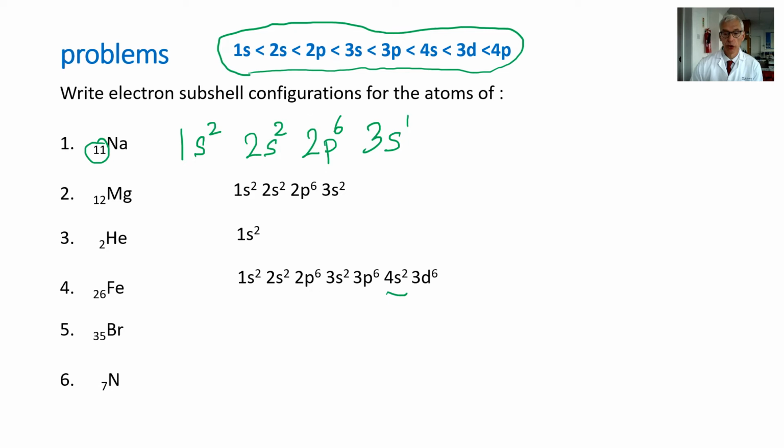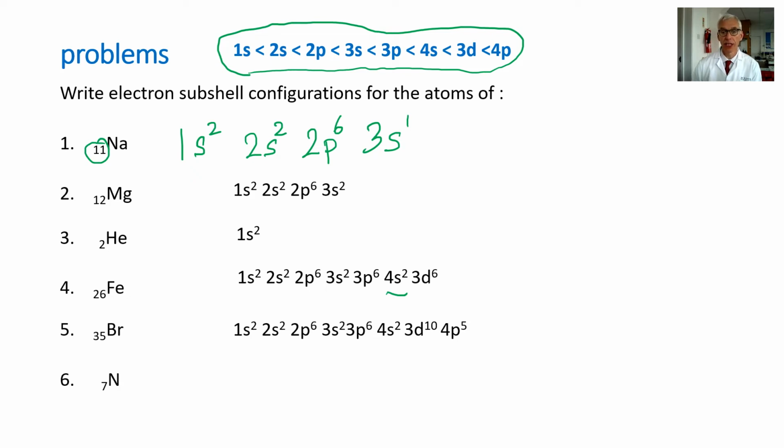So let's move on to bromine. If you need to do corrections for bromine or nitrogen, pause the video and do them. But here is the answer for bromine. We fill the subshells in order: 1s2, 2s2, 2p6, 3s2, 3p6, 4s2 before 3d, 3d10. We've got 5 electrons remaining and they go into the 4p.